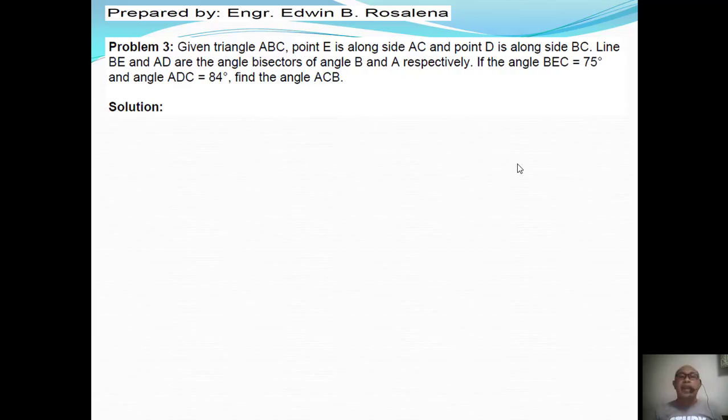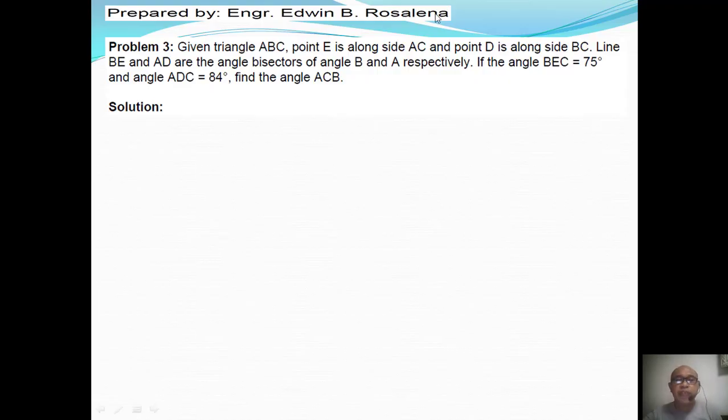Given triangle ABC, point E is alongside AC and point D is alongside BC. Wait lang muna. So we will plot it first so that we can read each sentence and then start plotting. So that you will not be mixed up with the next sentences and given situation.